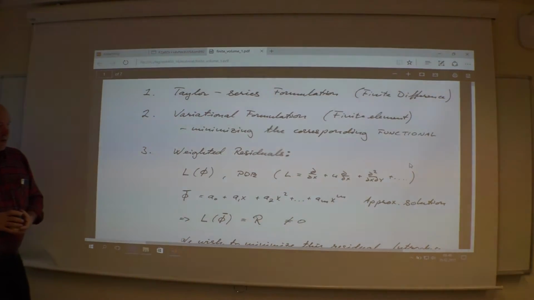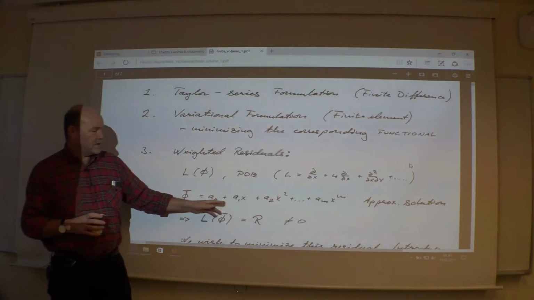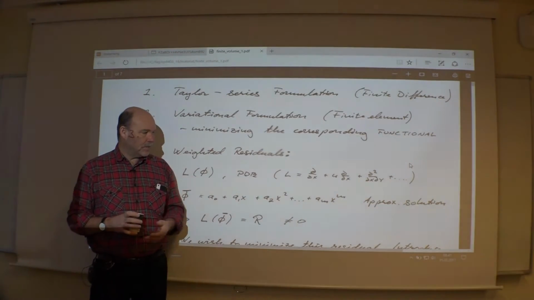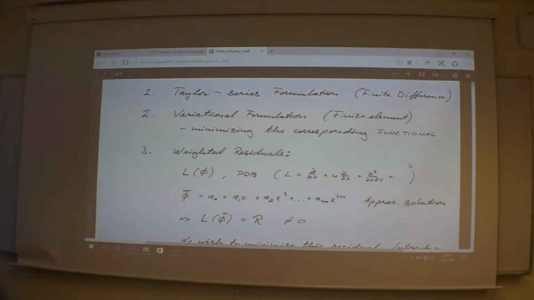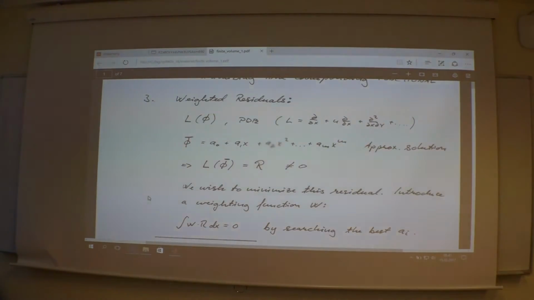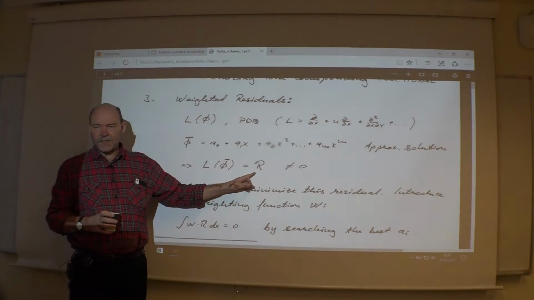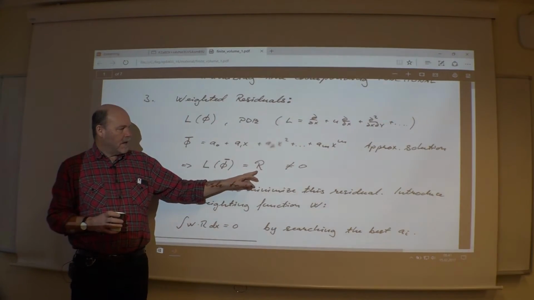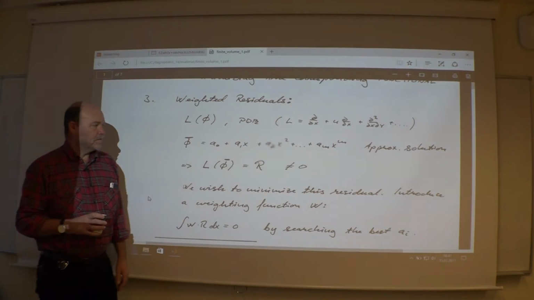And then we define ourselves an approximative solution, again based on discrete points with some proper coefficients. And if you take your approximative solution and insert it into your partial differential equation, you will get something different from zero. You get a residual. And the aim is, of course, to get this one as close to zero as possible.